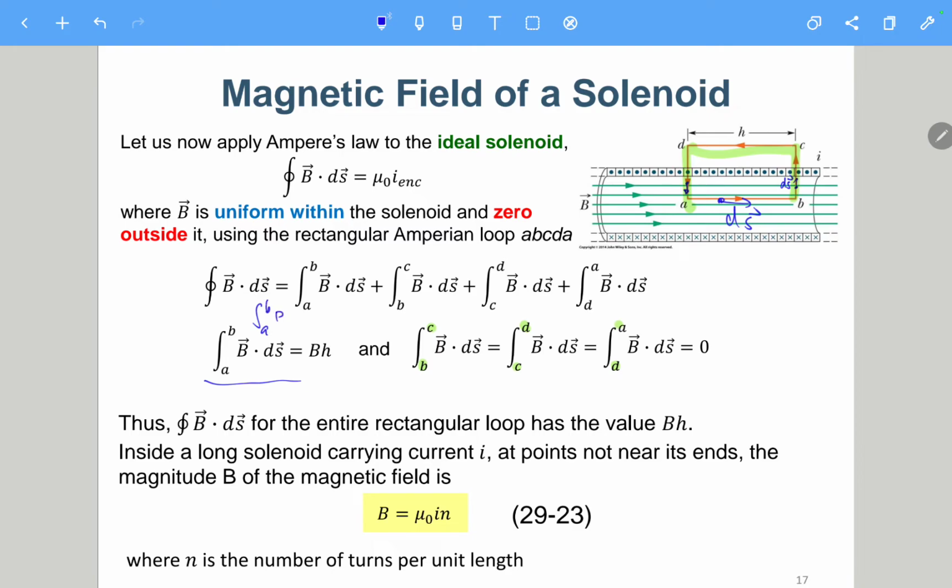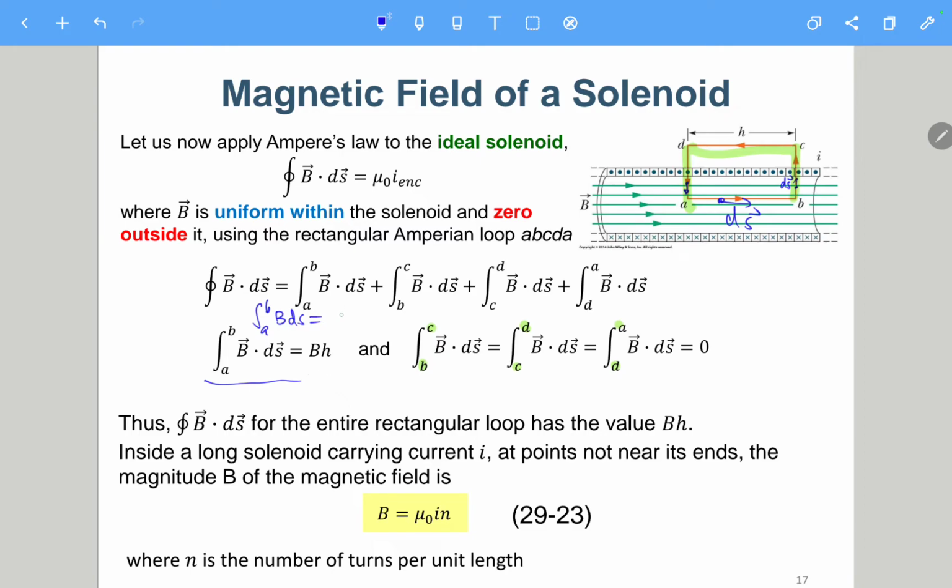B is uniform, so we can put B outside, and the integration of ds from A to B is nothing but B minus A, which is the width, or the height, of the rectangle. We use h for the width of the rectangle. So we have B times h.